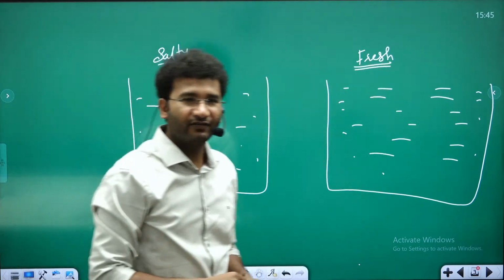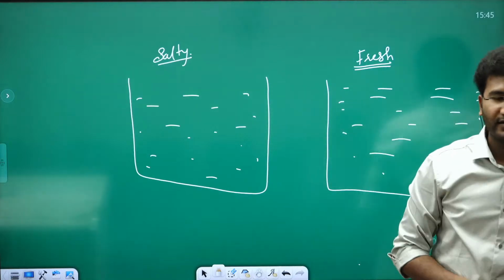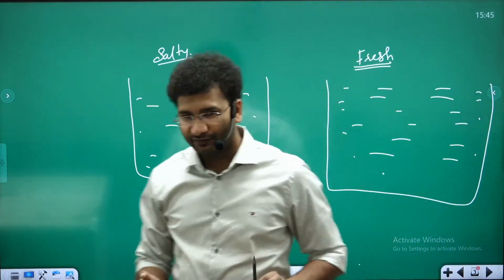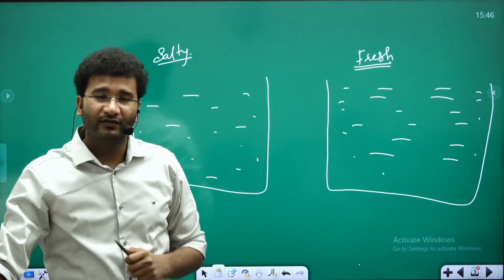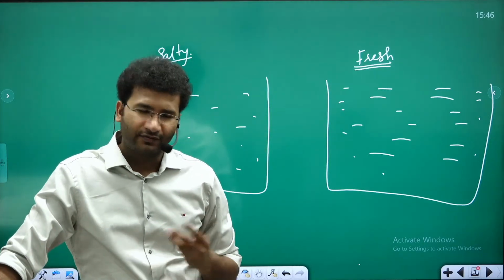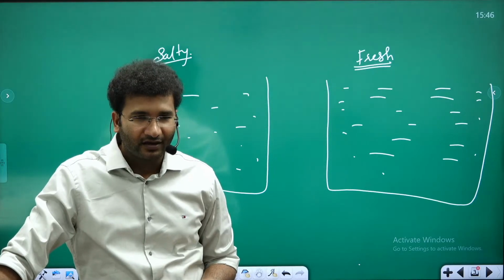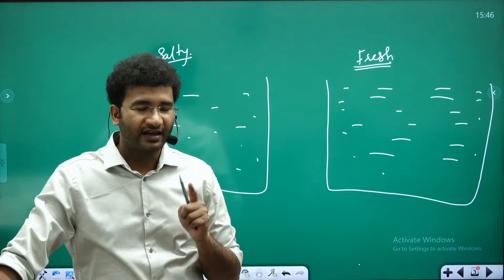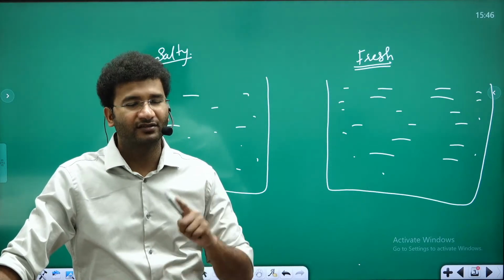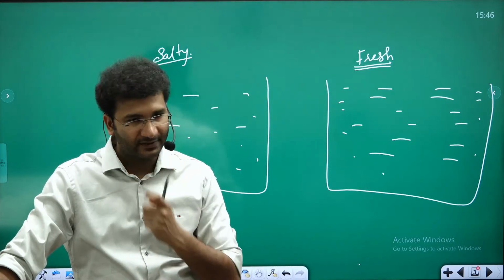Which one will get heated fast? I give the same amount of temperature to both the bowls. Which one do you think will get heated fast? Fresh water. Okay. So here comes into the picture the concept of salinity. Salinity will also influence the ocean water temperature, right?